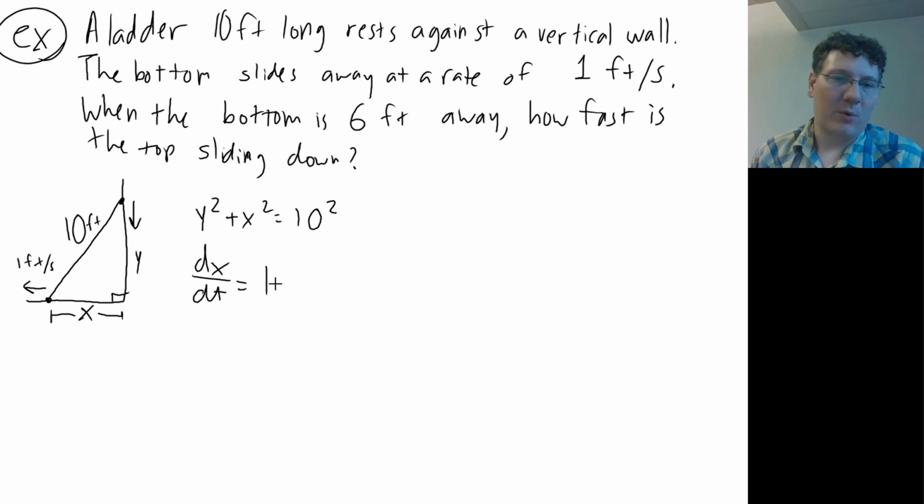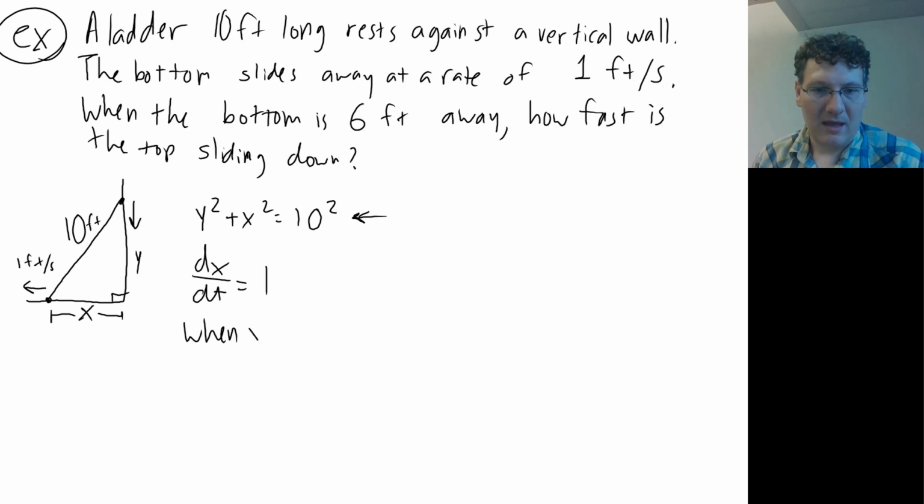And so what we're going to do is take the derivative with respect to t, treating y implicitly as a function of t, and we're going to solve when x equals 6, to find what is the derivative of y.